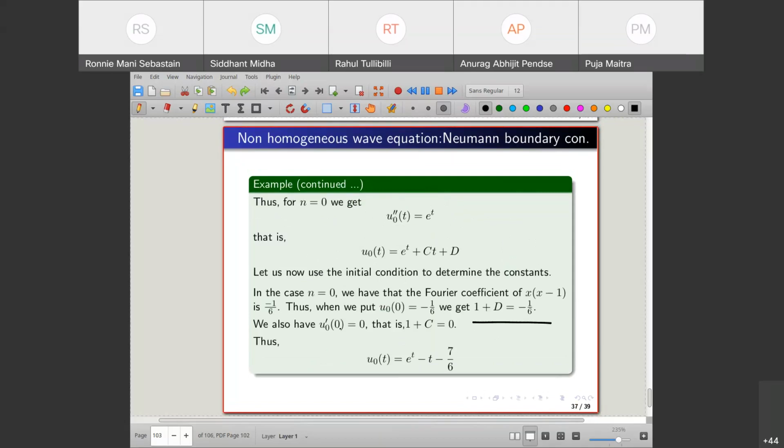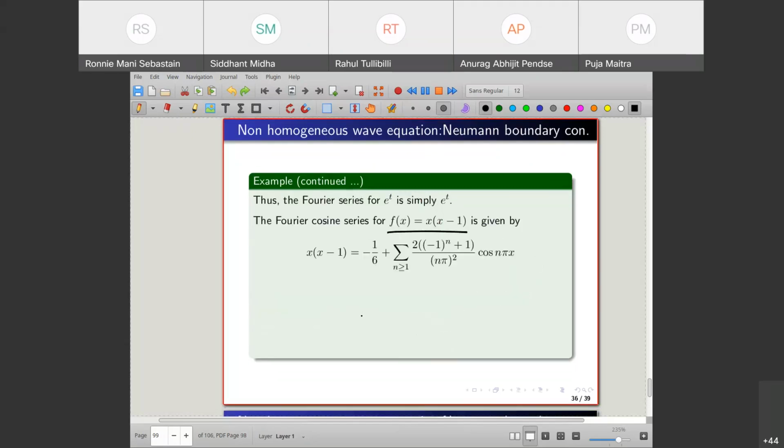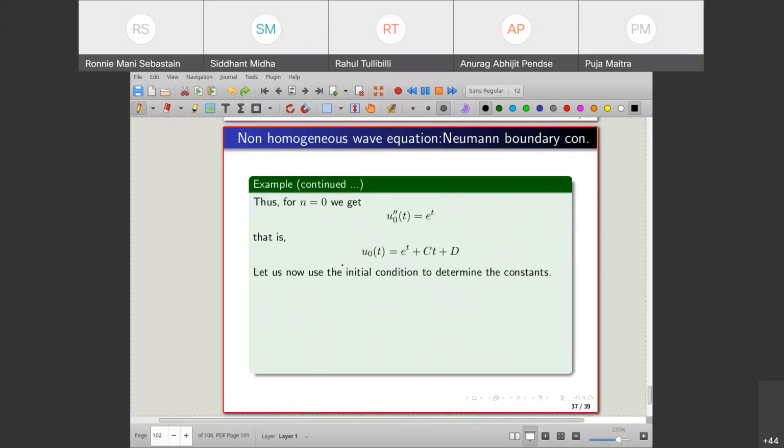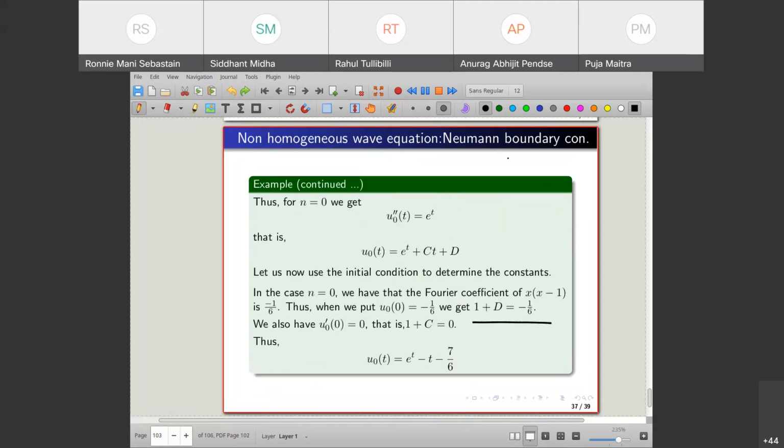And we also have u0'(0) is 0. That's because the second function that we took is 0, so all its Fourier coefficients are 0. Therefore u0'(0) is equal to 0.